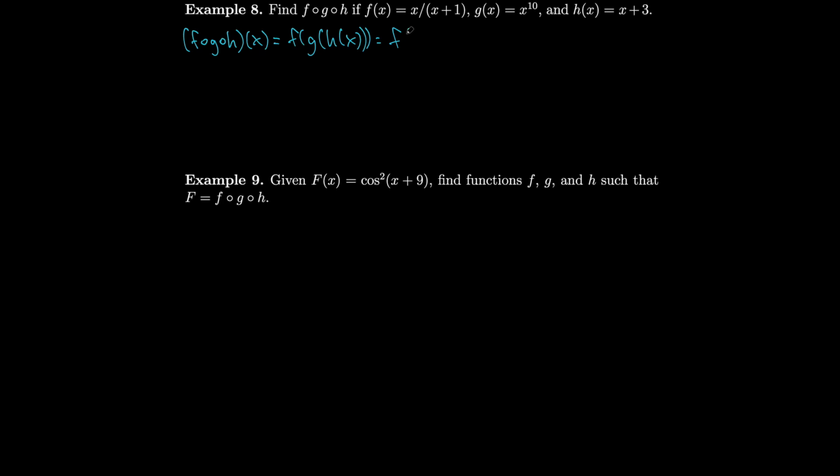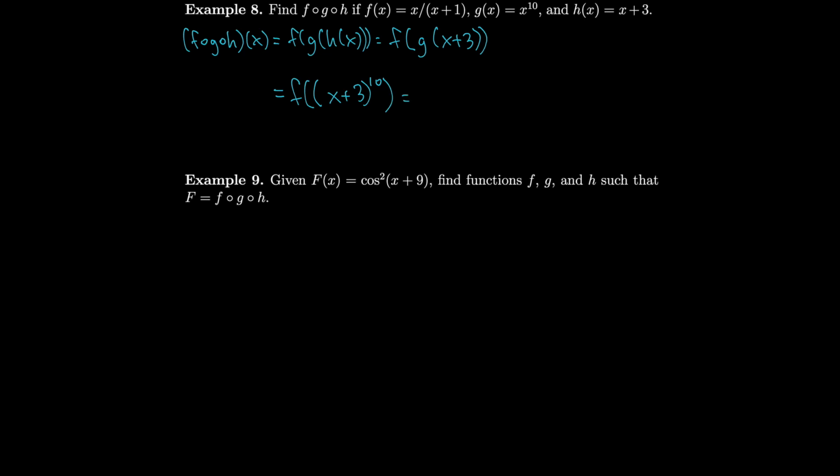So that's f of g of x plus 3, right? Because h of x is x plus 3. And now we have to plug x plus 3 into g of x, which is x to the 10th. So that means we're just going to take x plus 3 and raise it to the 10th. So that's just f of x plus 3 to the 10th.